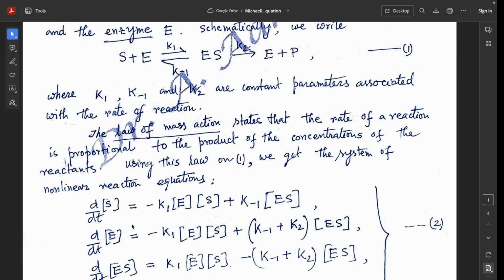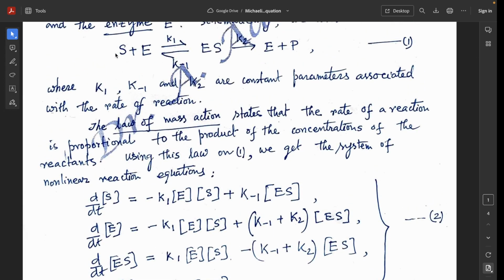So d/dt of concentration of S equals minus K1 concentration of E concentration of S, the loss rate in the right-handed direction for S, plus K minus 1 concentration of ES, the gain rate in the left-handed direction.